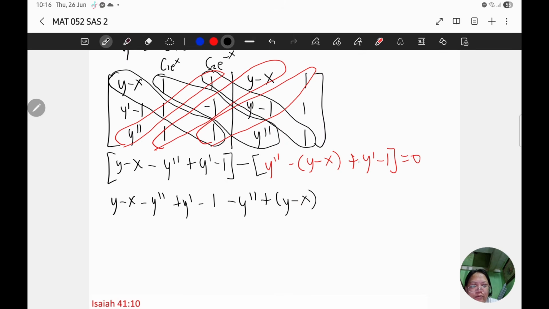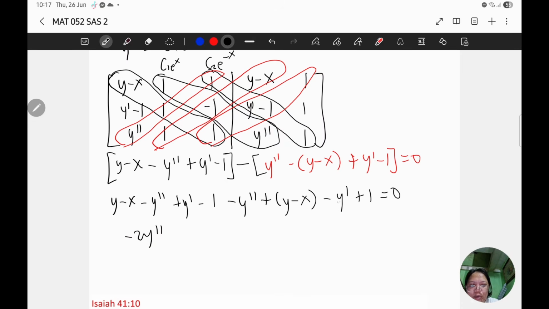Then negative times positive y prime is negative y prime. Negative times negative 1 is positive 1 equal to 0. Then add like terms. You write first the highest derivative. So y double prime: negative y double prime plus negative y double prime is negative 2y double prime, right?